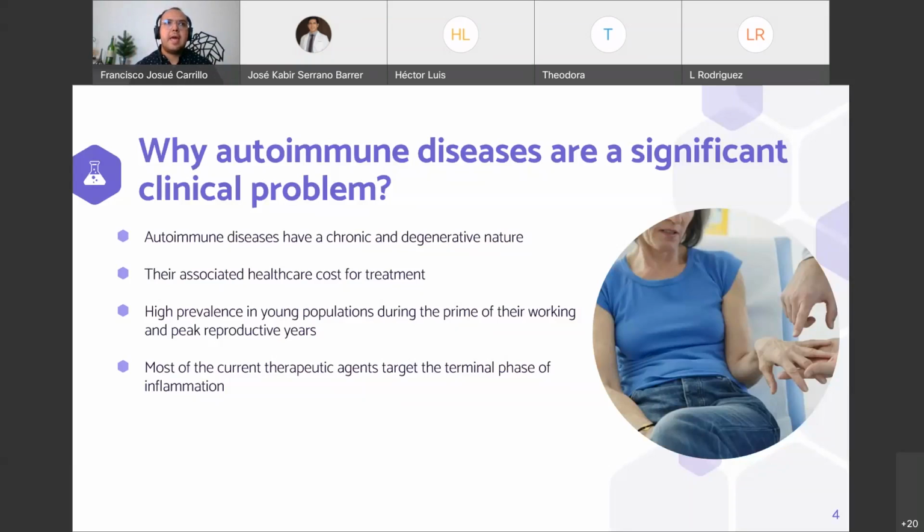So this is a problem, and we cannot revert or, for example, prevent these autoimmune diseases.